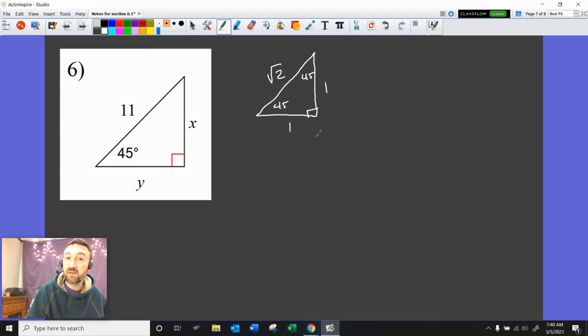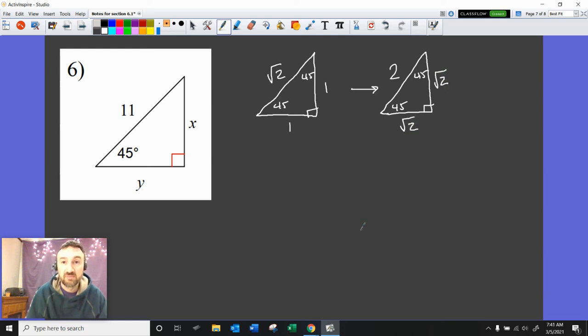So I think the first thing I'm going to do here is draw a new right triangle where the hypotenuse is a whole number. So I'm going to multiply everything by the square root of 2. So I'll have a 2 on the hypotenuse and then root 2 on the two shortest sides.